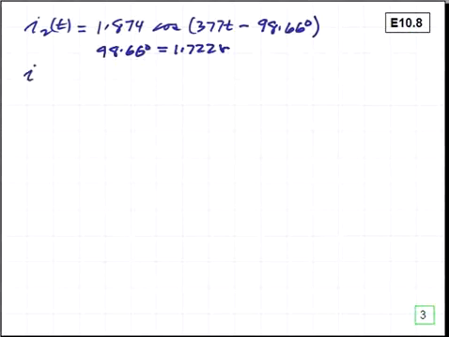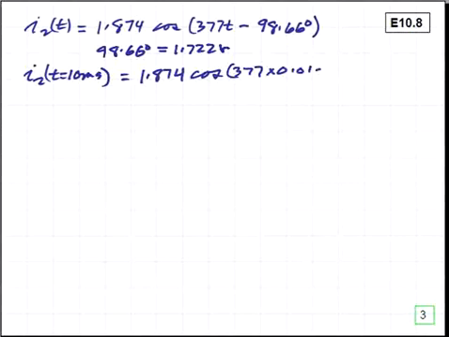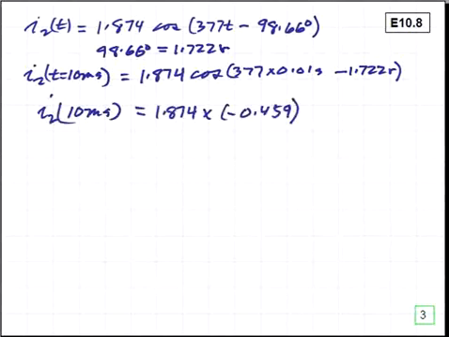So the current I2 at t equals 10 milliseconds is equal to 1.874 for the amplitude cosine 377 radians per second times 0.01 seconds minus 1.722 radians for the phase shift, or I2 at 10 milliseconds is equal to 1.874 times the cosine portion, which is minus 0.459, and this is equal to minus 0.861 amperes.